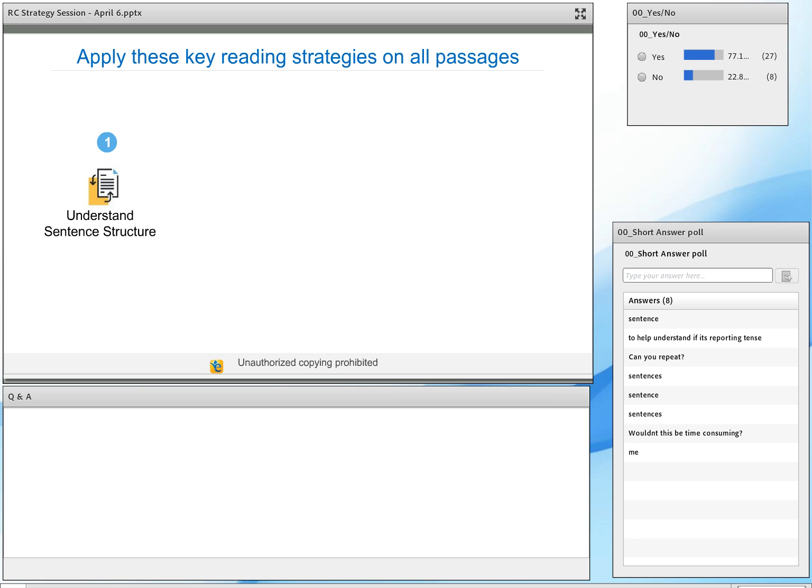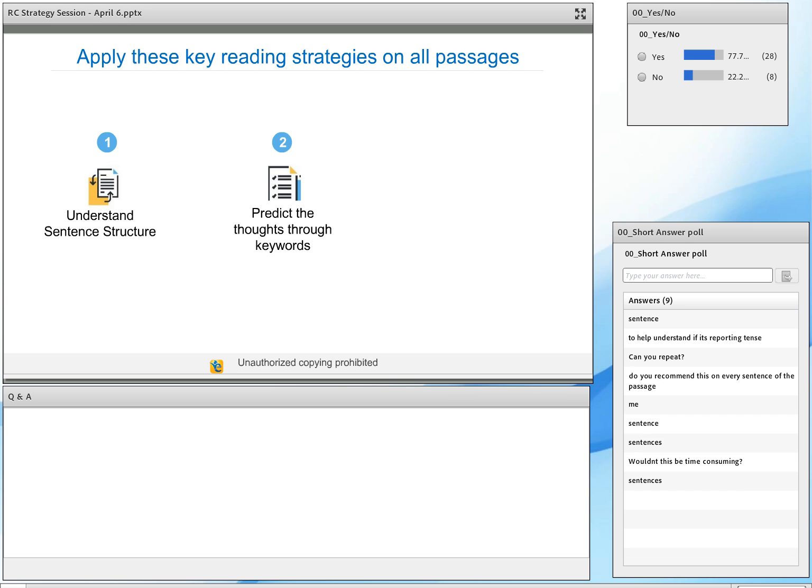Otherwise, I would not be here talking to you about these strategies if they did not work under the timing constraints of the test. So just keep that statement in mind, and I'll definitely address the timing issue when we reach that point. All right, so this is the first and the foremost thing.